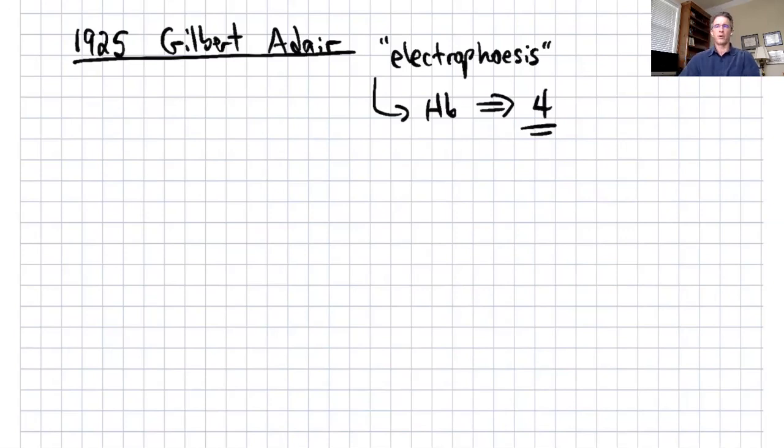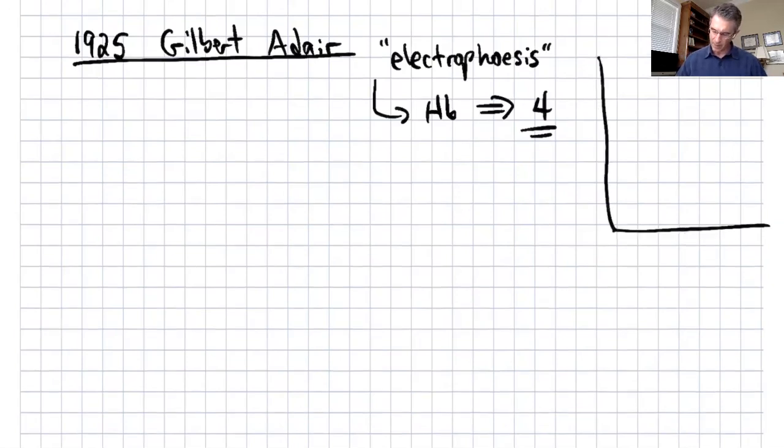And what Adair went on to do was then to say, well, okay, what kind of a model would let me accurately describe, as a function of oxygen binding, the degree of binding, this hemoglobin binding curve? So he's like, okay, let's say I've got a hemoglobin, and we're not going to make the same assumption that Hill made.